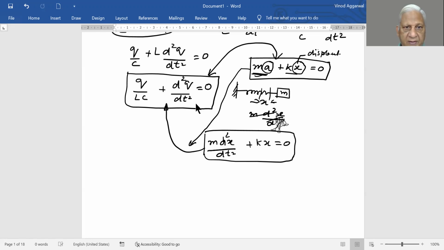So if we take an equivalence between these two equations, you see that m is equal to 1, d square x coefficient was m, here it is 1. And what is the coefficient of x here? It is k. So k is equal to coefficient of q. Coefficient of q is 1 by LC.